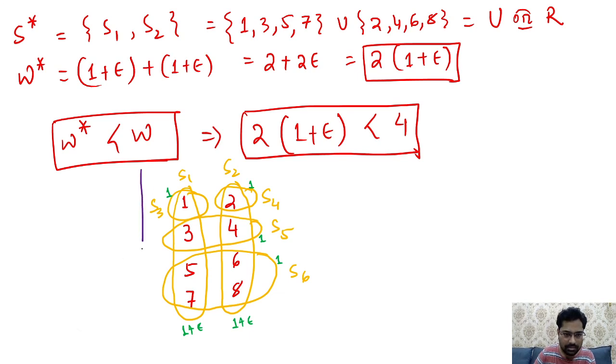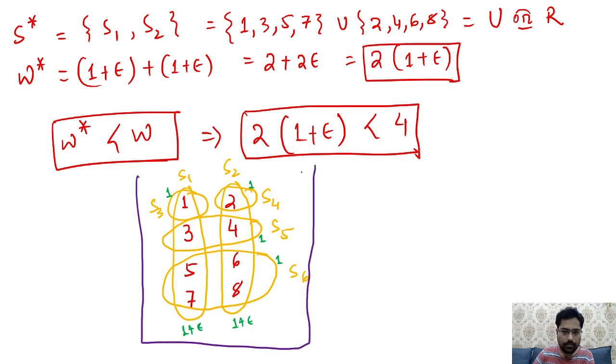This is U for us, or R, because U is the universal set. We are just converting that to R, as it is clearly mentioned in the detailed video, because we are manipulating in future. So the weight, if you combine this, the optimal could be 2 plus epsilon, but we are not getting that. It's less than that because epsilon belongs to 0 to 1.